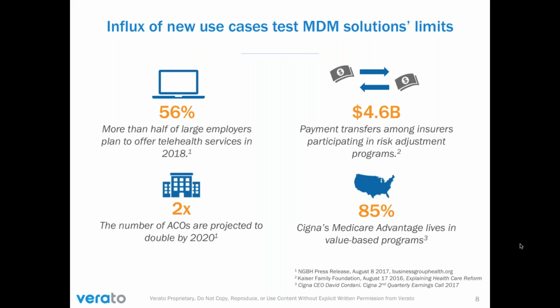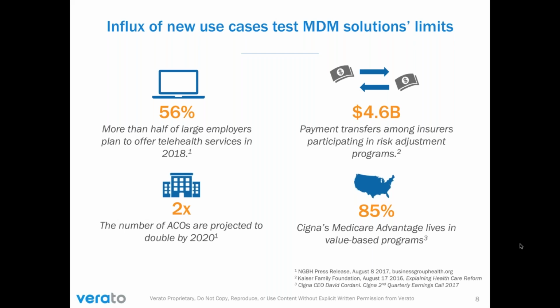Then you get into ACOs. We're expecting to double the number of ACOs by 2020. Massive amounts of people are going into value-based programs. So there's going to be an ever-increasing amount of information being shared between payers and providers, ACOs. More and more data that's coming from a provider or a clinical setting is suddenly going to be in your hands.